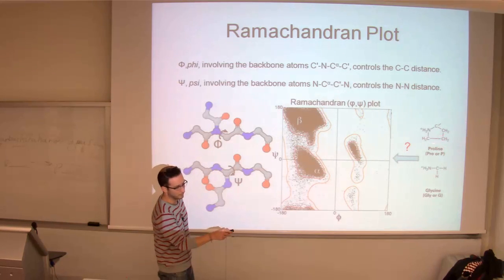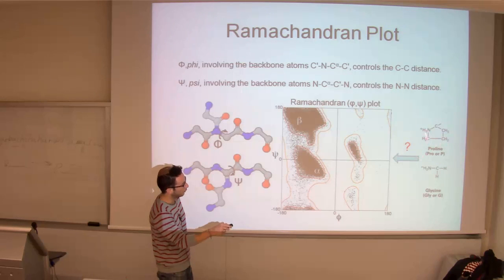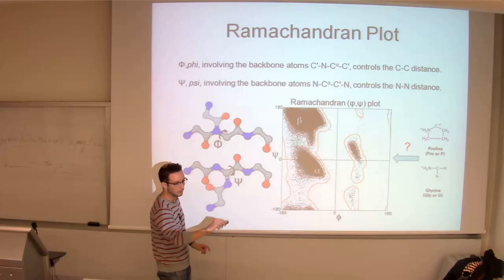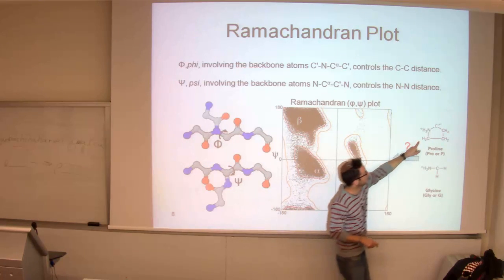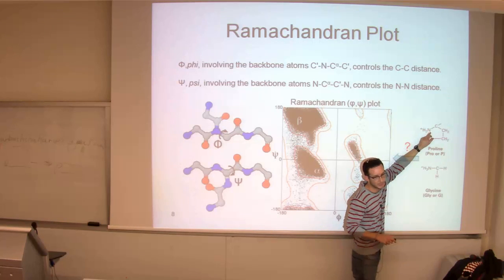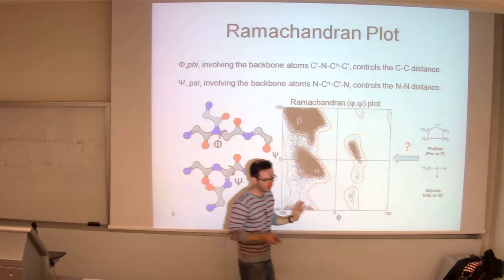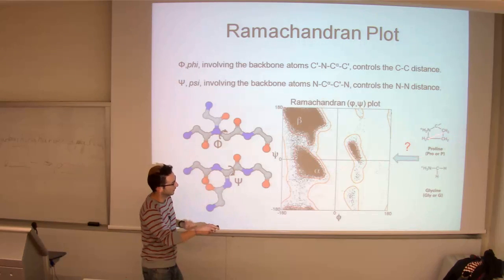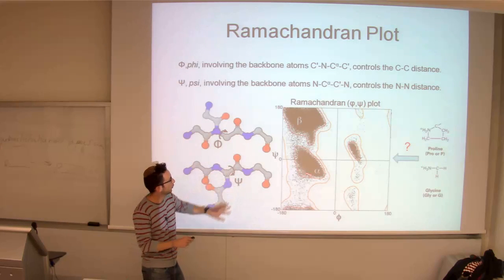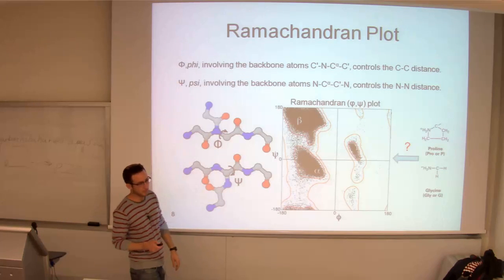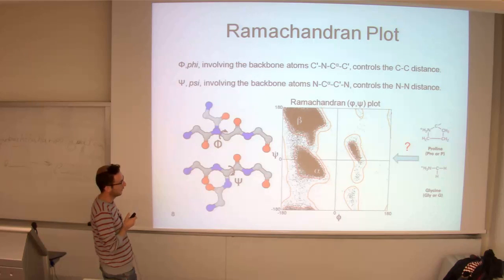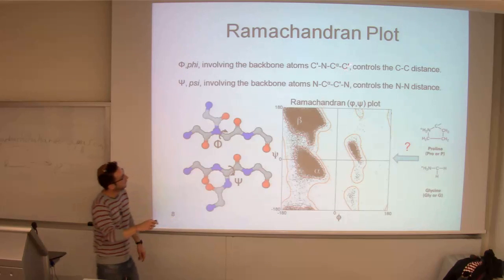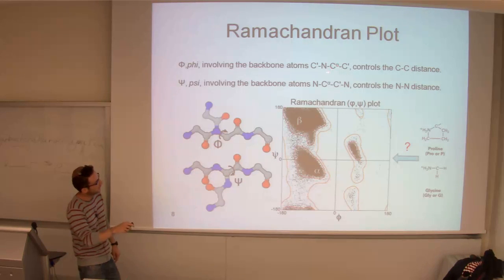And let's start with the proline. It's a weird looking amino acid. Why is it weird? Right, because of this last carbon covalently linked to the nitrogen that is part of the backbone. That's weird. And again, if I just mark in red all the dots that belong to proline, how do you think it will look in this graph? Let's focus on phi, which rotates the N to C alpha link.